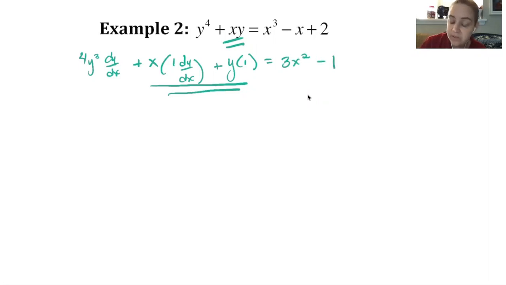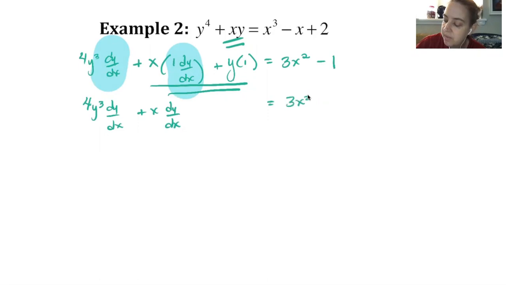Now our job is to solve for dy over dx, and I've got 2 of them. I have one here, and I've got one here. So those you want to isolate. So 4y cubed dy dx plus x dy dx. I'm going to subtract this y to the right, so it's 3x squared minus 1 minus y. Then I'm going to factor out dy dx.